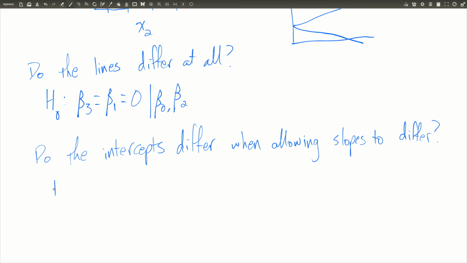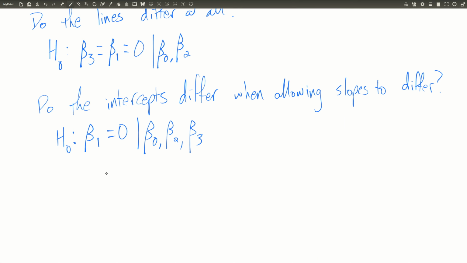So, for example, is there any evidence that beta 1 is equal to 0? Remember, beta 1 is our difference in the intercepts. So do the intercepts differ given beta naught, beta 2, and beta 3 are in the model?